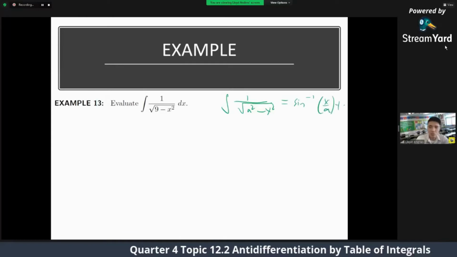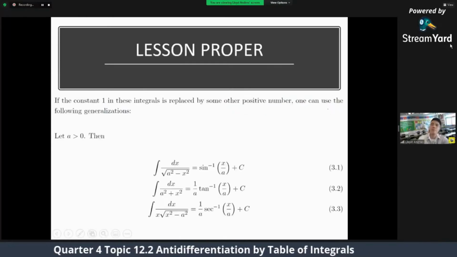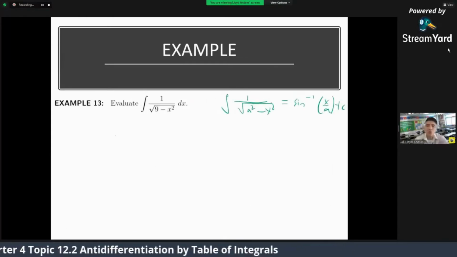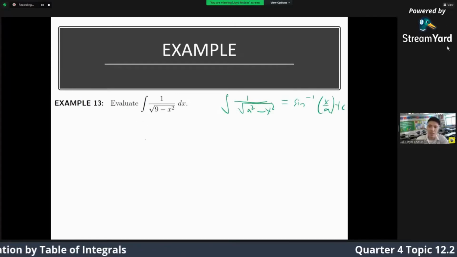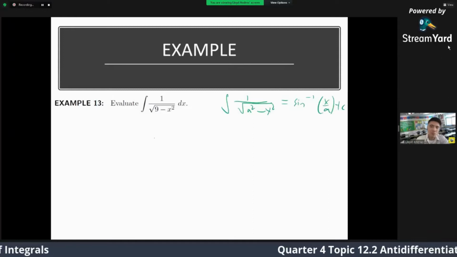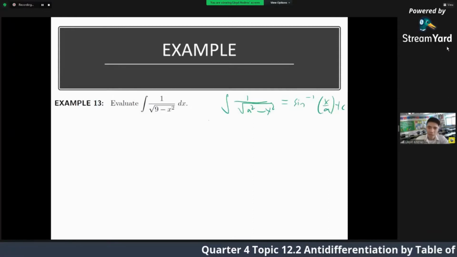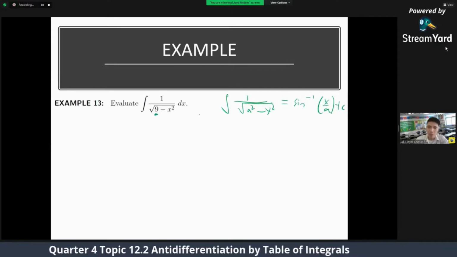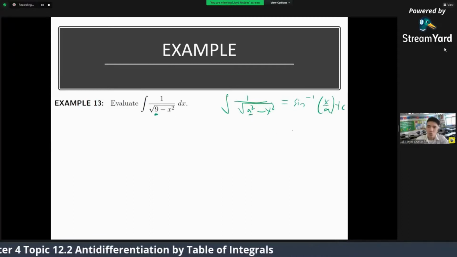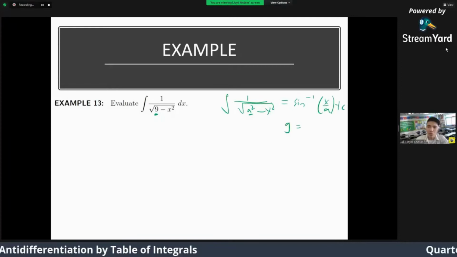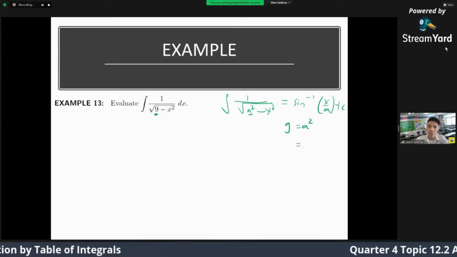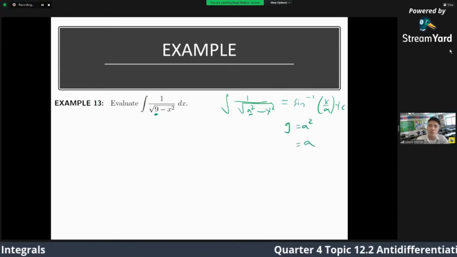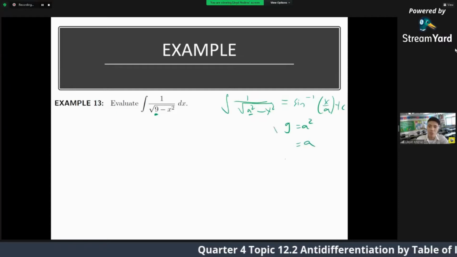So, kana atong gamiton. So, ang first thing is you determine the value sa a nimo. Ang kaning 9, ang constant mao tong a squared nimo. So, kung 9 nimo equals to a squared, so therefore, what is a? Di ba? We square root both sides.